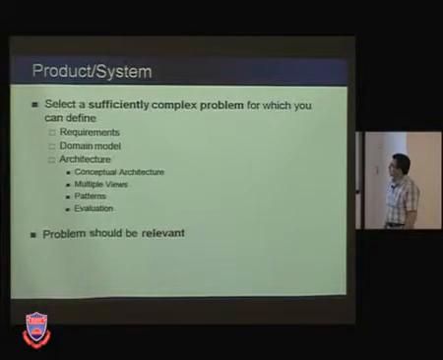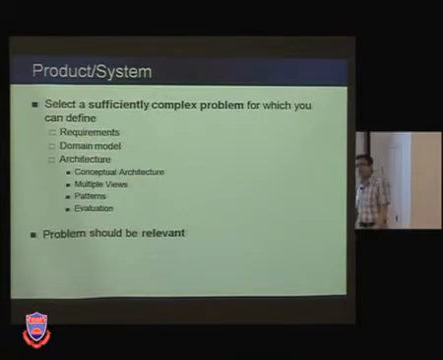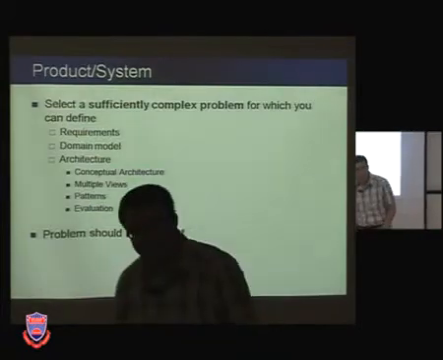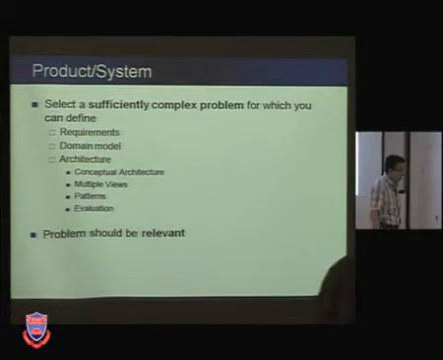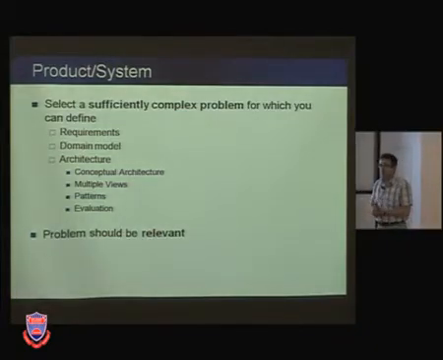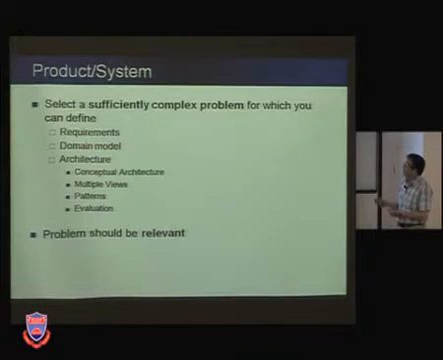The product system. What kind of case should we select? Not an ATM machine, please. But some relevant complex case for which you can define an architecture. You will have to do architectural requirements analysis.